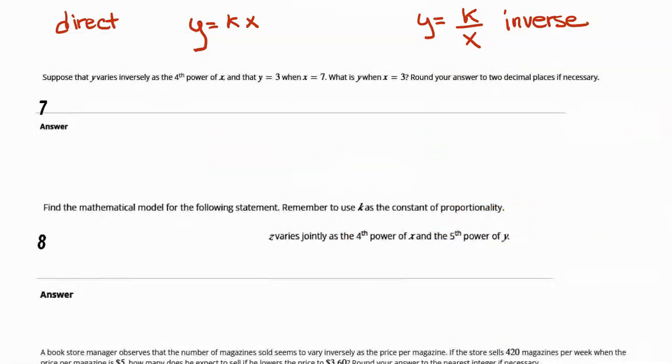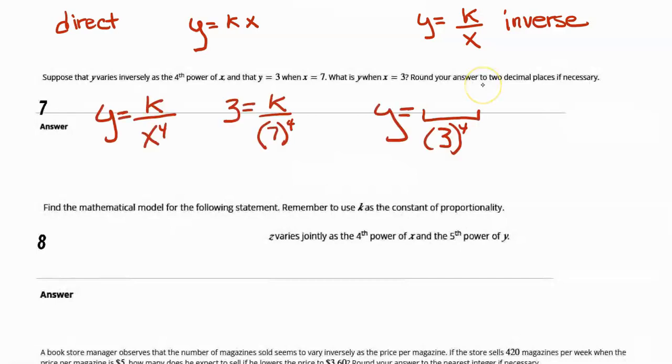There is number 7. Give it your shot. You know the protocol. Taking it in steps, we know it's inverse, so we'll use this, and it's x to the 4th power. So y is 3, x is 7 to the 4th. We're going to get a value for k.